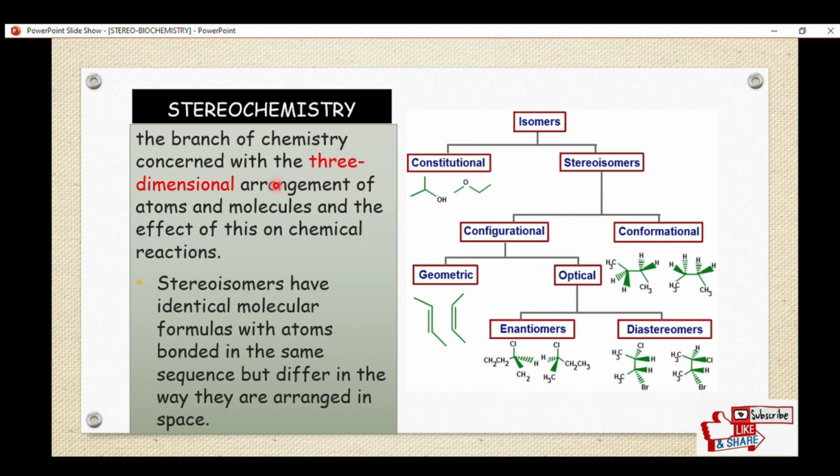All these molecules over here are represented in 3D views.